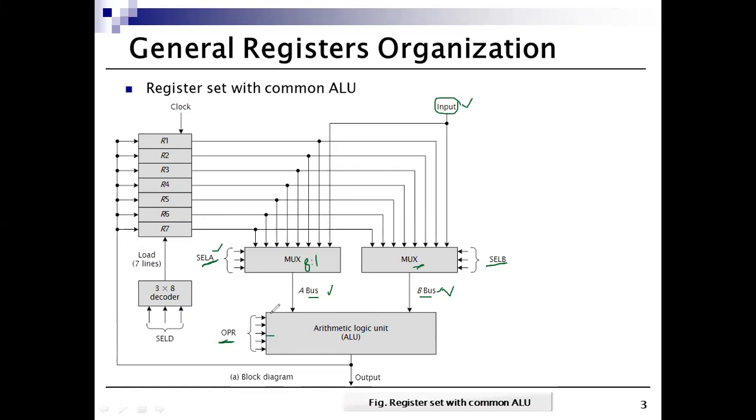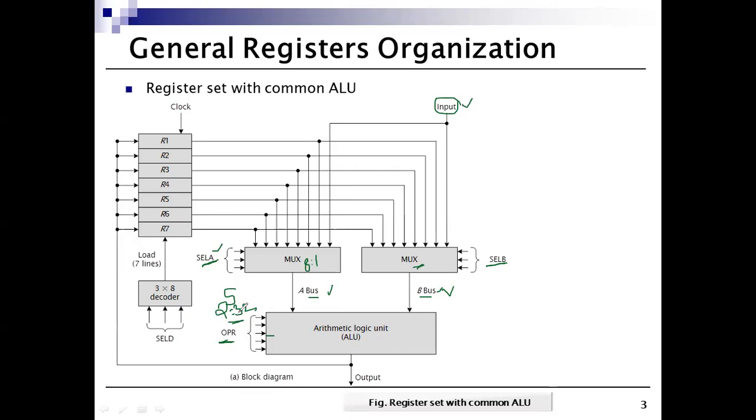Here just 5 bits are used so that I can perform 2 power 5 different operations, around 32 different operations. So with the help of 5 inputs, I can perform a maximum of 32 operations.